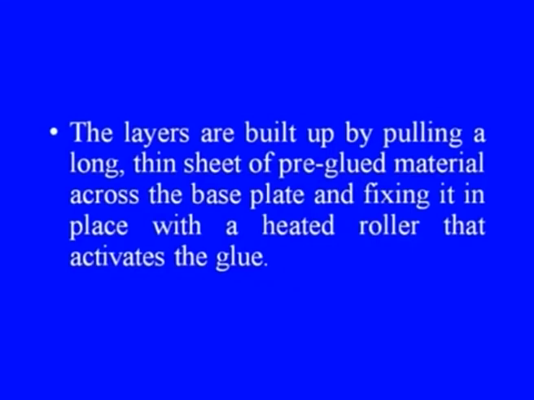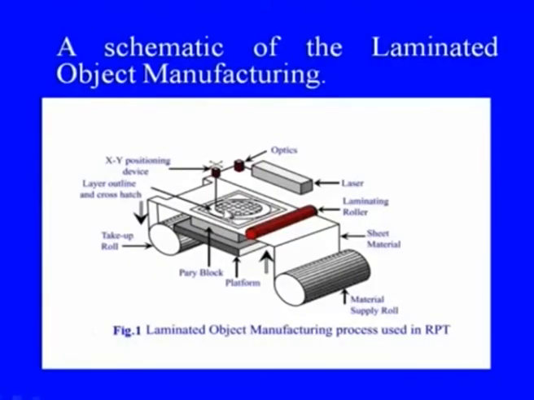The layers are built up by pulling a long thin sheet of pre-glued material across the base plate and fixing it in place with a heated roller that activates the glue. As we have already discussed in this figure, here the glue will already be there and this roller is a hot roller.